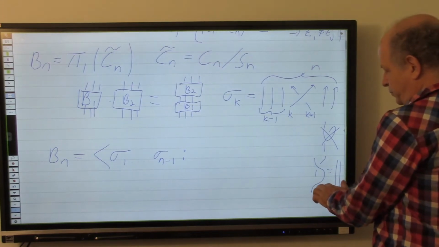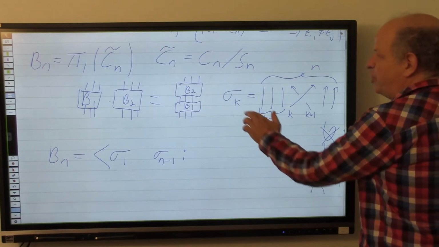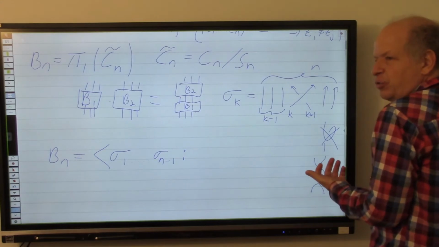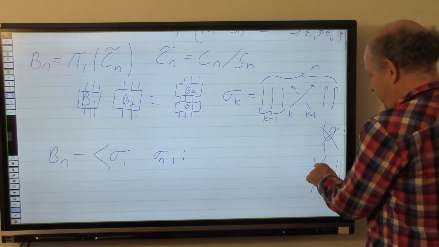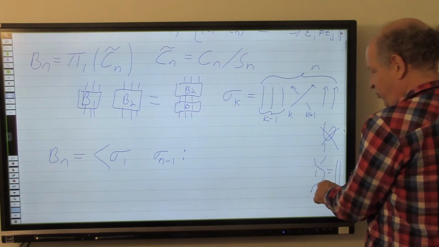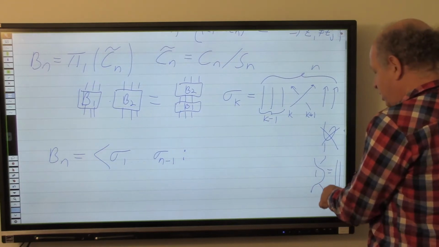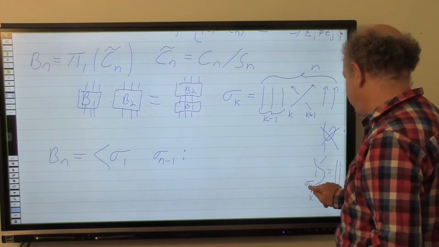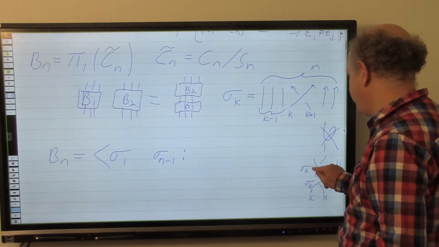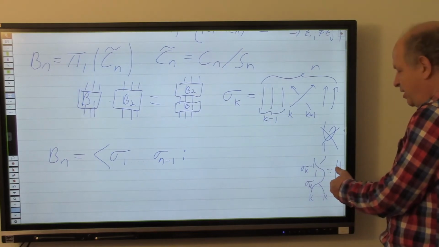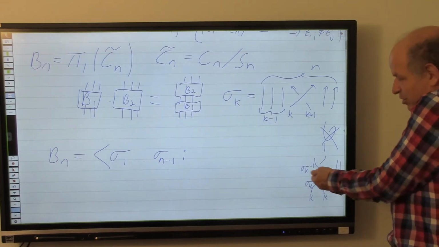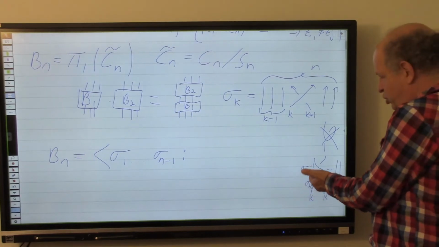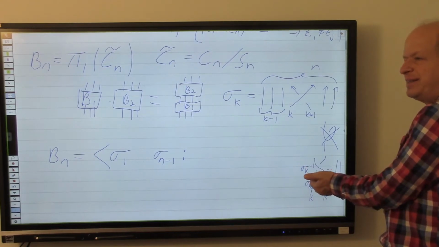But I only gave you a name for the positive crossings. So by definition, the thing appearing here has to be the inverse of the thing appearing here. If this is sigma k, then this will be sigma k inverse, because our product is the identity. So I don't need to tell you what Reidemeister 2 is. It is just the relation that a thing multiplied by its inverse is equal to 1.